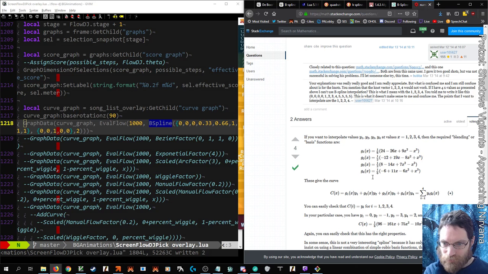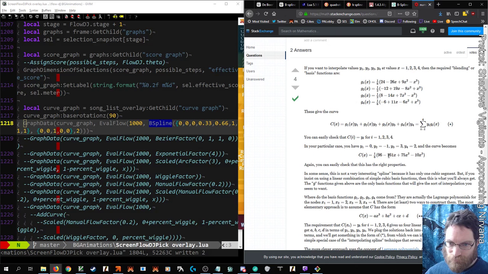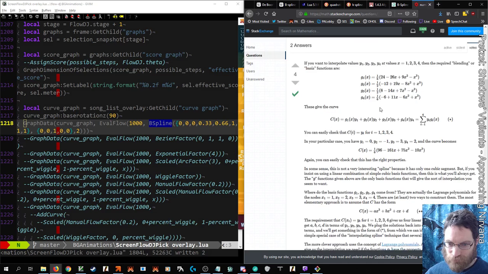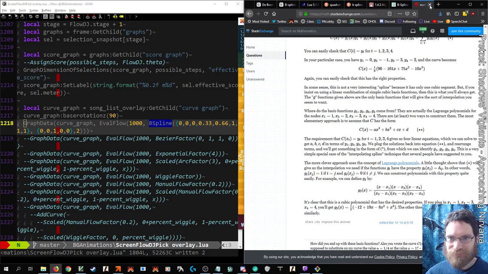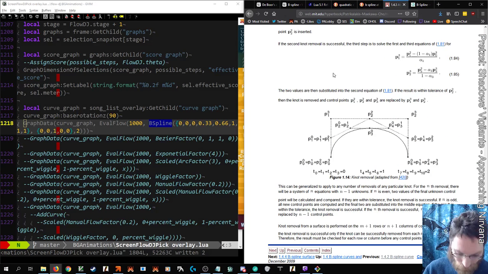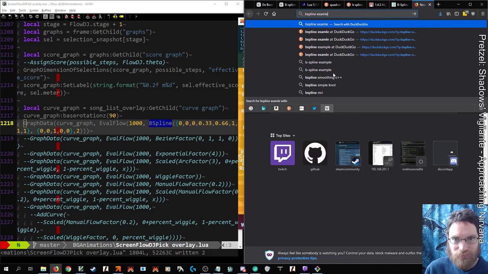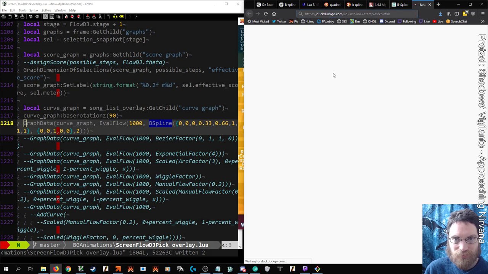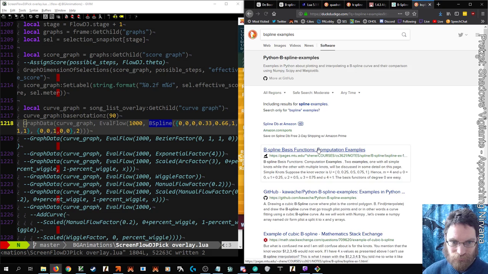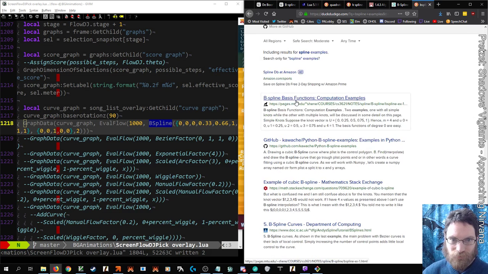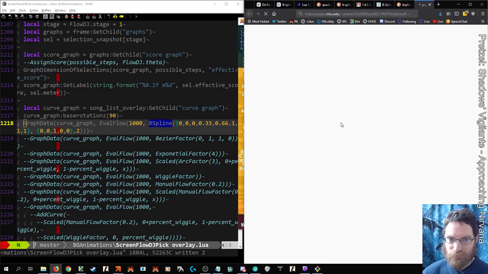At values 1, 2, 3, 4. That's a little bit too worked. I clicked directly through that, didn't I? Computation examples.